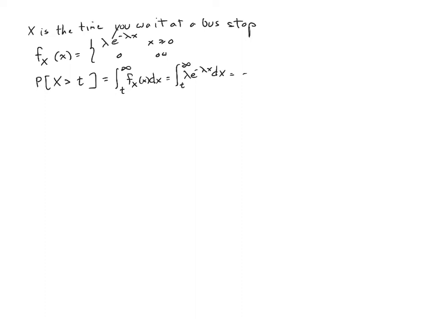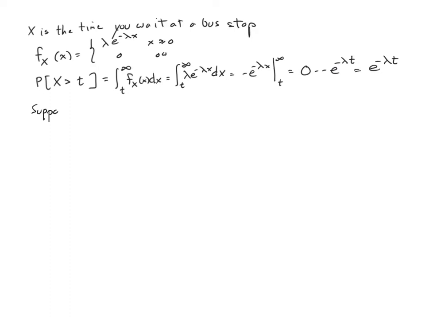And this is minus e to the minus lambda x evaluated at x equals t and at x equals infinity. So this is 0 minus minus e to the minus lambda t, which is e to the minus lambda t. So exponential random variable x has a decaying exponential probability e to the minus lambda t that you wait for more than time t.